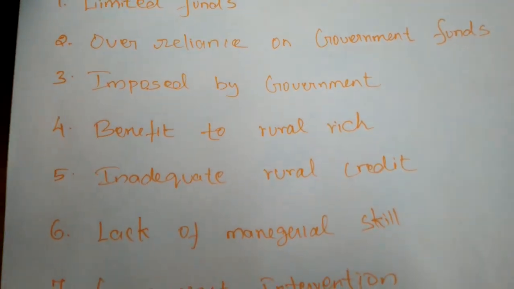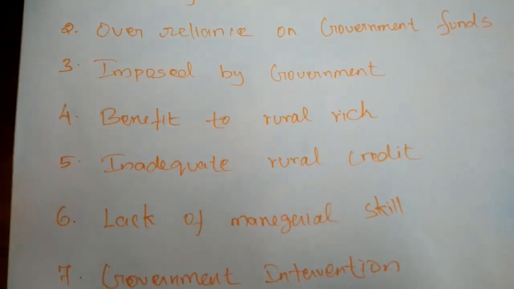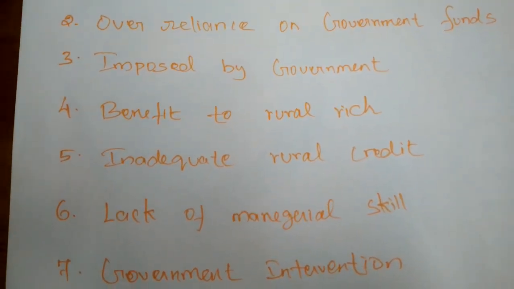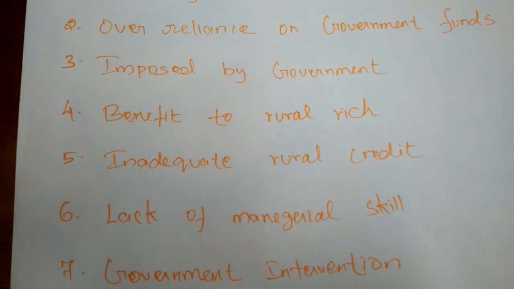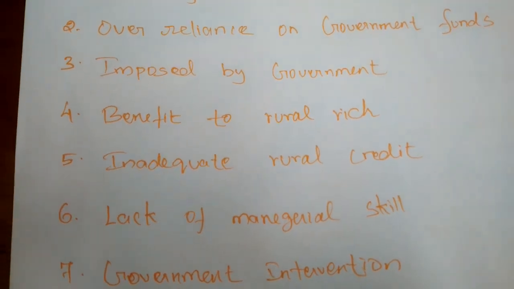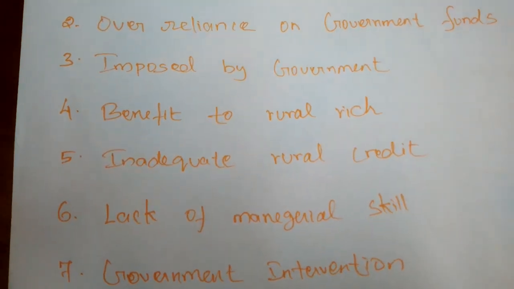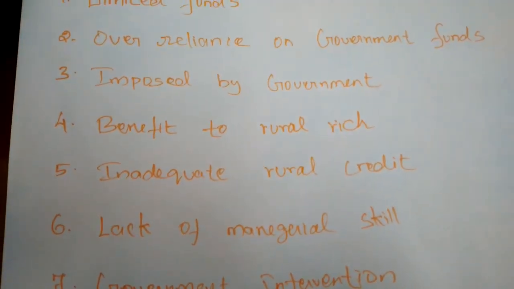Next, imposed by government. In the Western countries, cooperative societies were voluntarily started by the weaker sections. The objective was to improve their economic status and to protect themselves from exploitation by the businessmen.